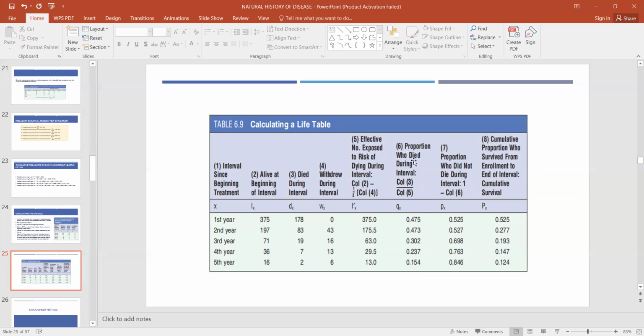To get the proportion who died during the interval, we divide column 3 by column 5. Column 7, the proportion who did not die during the interval, we get by subtracting column 6 from 1. Then the cumulative proportion who survived from the enrollment to the end of the interval, that is the cumulative survival.